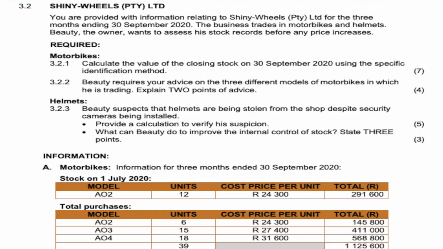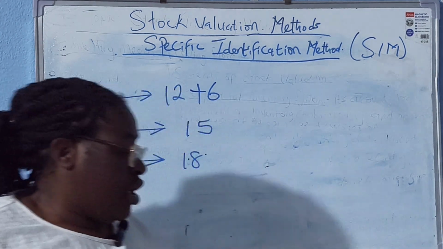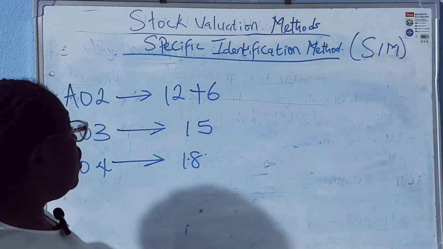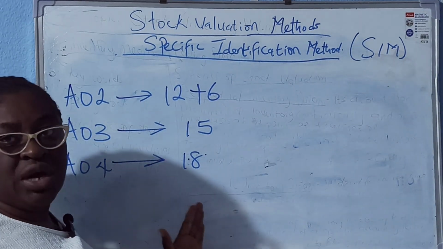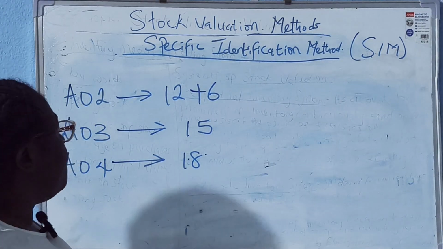Then for the A03 model, we only purchased 15 units. And then for the A04 model, we have 18 units, which were purchased during the year. So let us now look at our sales, the number of units sold from each of these models.